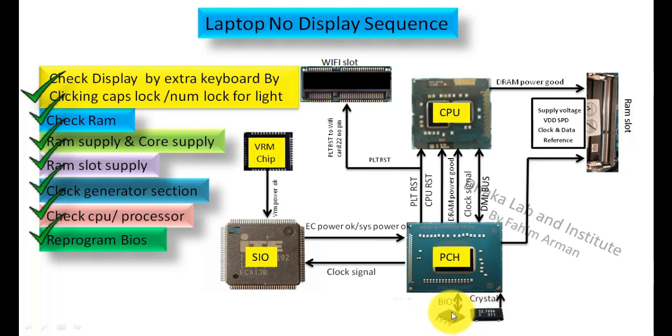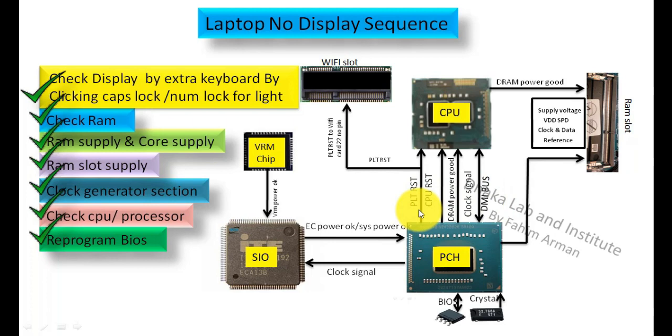And BIOS communication, I told you before, is very important. You should check it, and if you have an issue in the BIOS, you should reprogram the BIOS. So you should check DRM power good, the clock signal going to the CPU, the DMI bus also, and CPU reset.